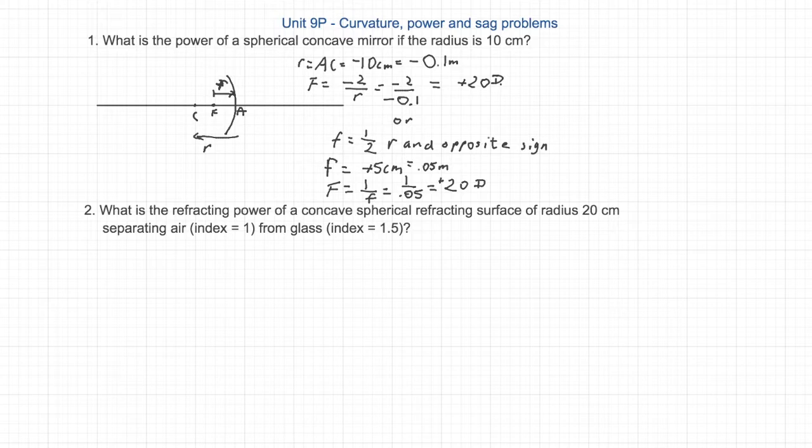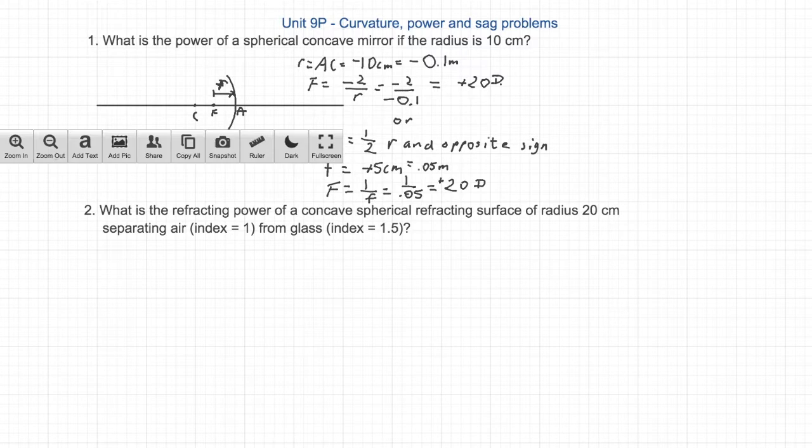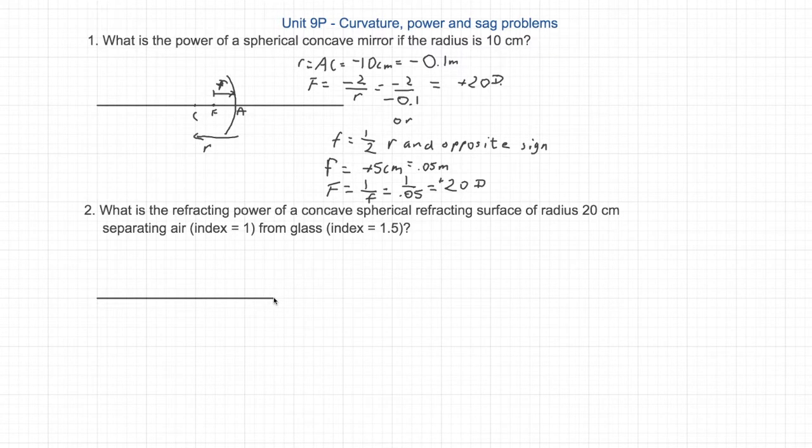Question 2, what is the refracting power of a concave spherical refracting surface of radius 20 centimeters, separating air, index 1, from glass, index 1.5? Optical axis, our concave spherical refracting surface with vertex A, center C on the left, index n equals 1 on the left, and n prime equals 1.5 on the right.